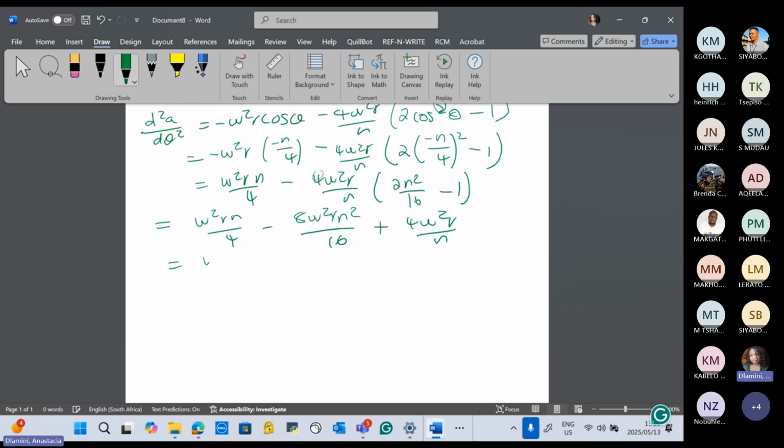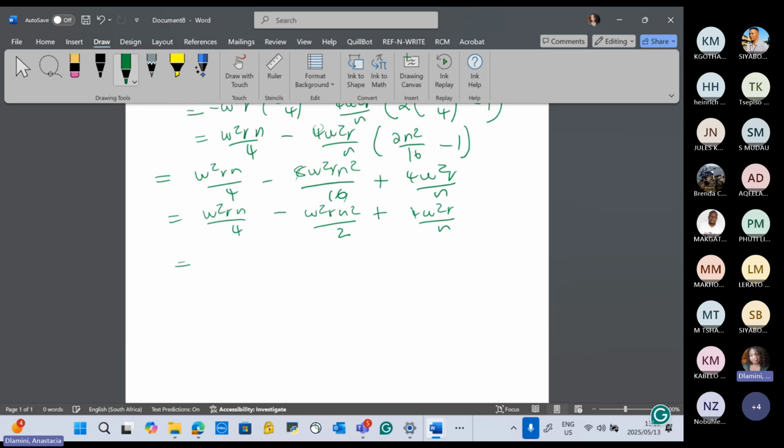So this is equal to w squared rn over 4 minus this. So it's equal to w squared rn squared over 2 plus 4w squared r over n.